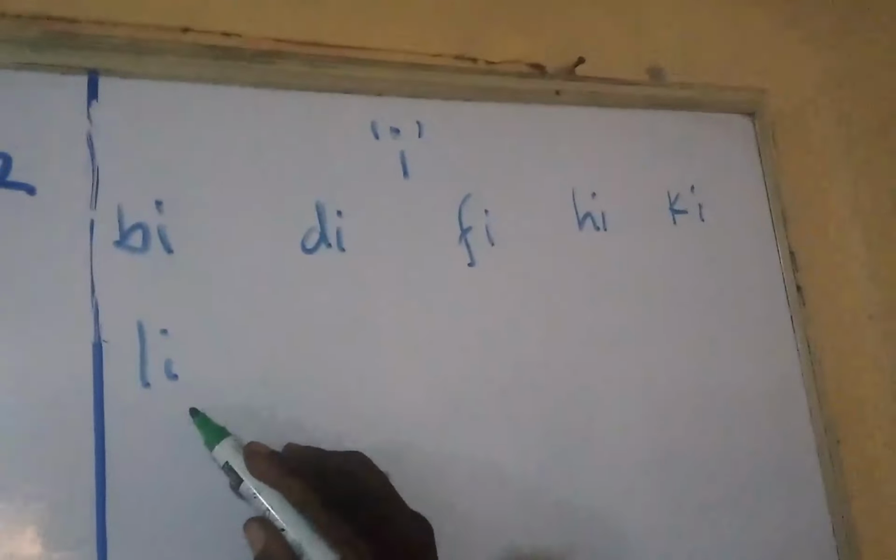This is fi, with this produces fine. This is I, with this produces eyed. Good. Okay. This is what? Kai, with this produces kites. Okay. This is what? Lie, with this produces line.